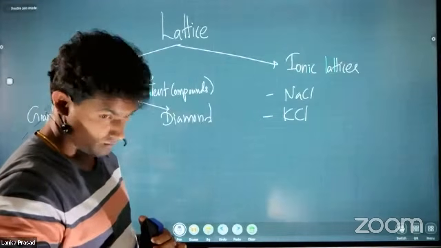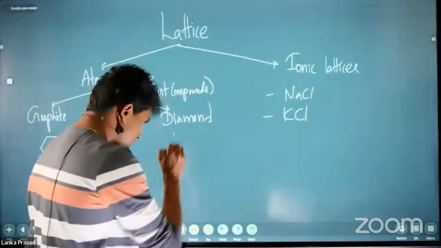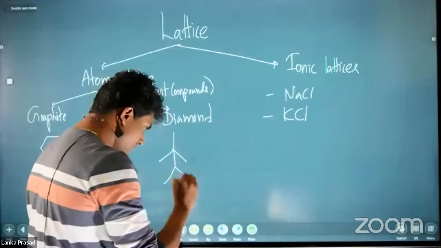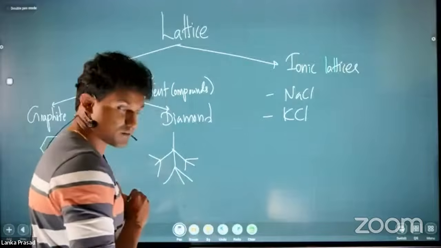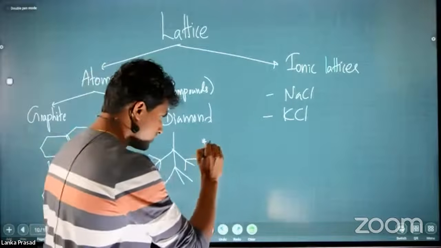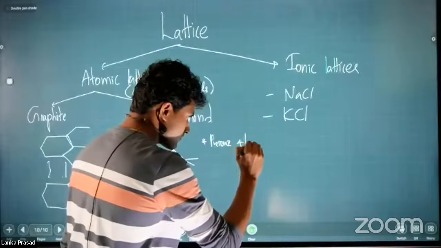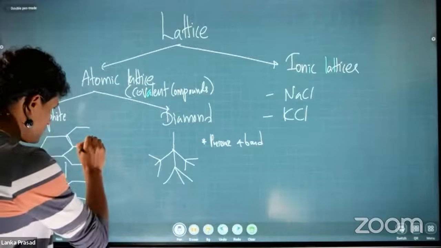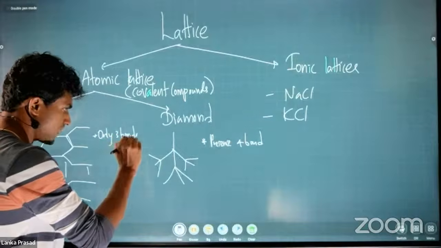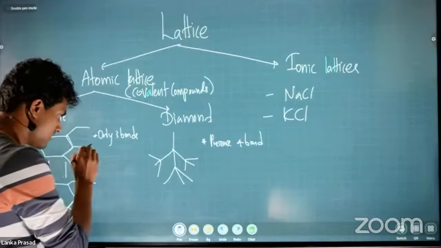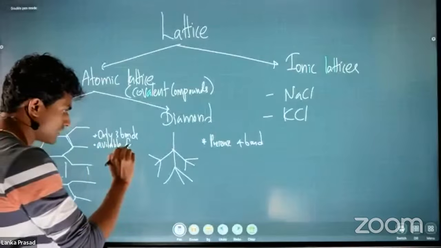Diamond means like that. Every carbon binds with 4 carbon atoms. Here, in graphite, instead of 4 bonds, only 3 bonds. See, this is 1, 2, 3. Only 3 bonds means available free electrons.